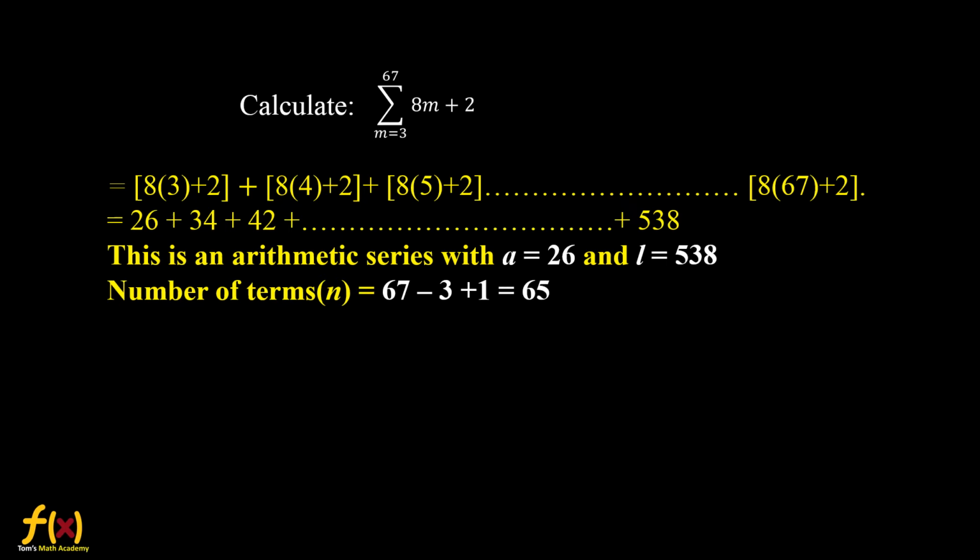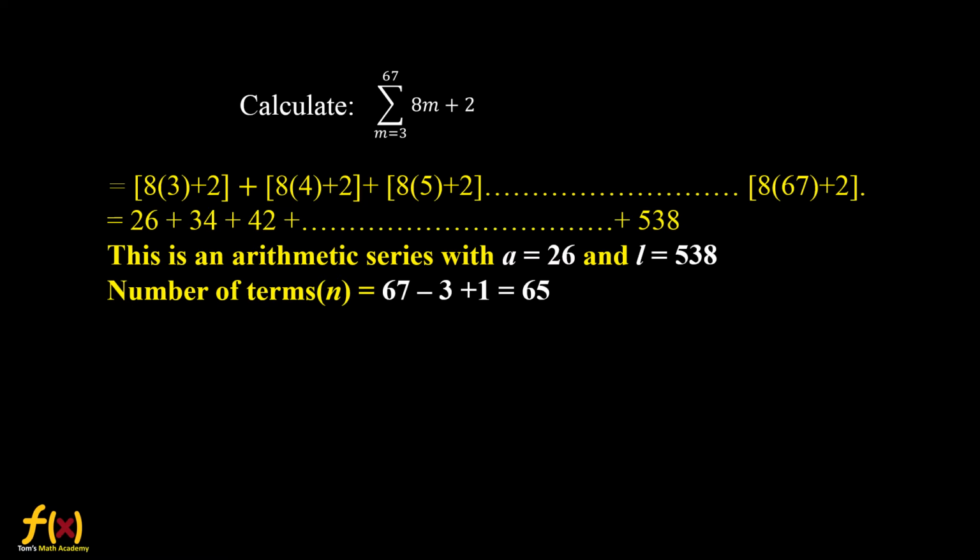We have m equal to 3 to 67. 67 minus 3 plus 1 will give us the number of terms, that is 65. Remember the method: 67 minus 3 plus 1. That is the technique for getting the number of terms. So we have 65 terms here. First term is available, last term is available.